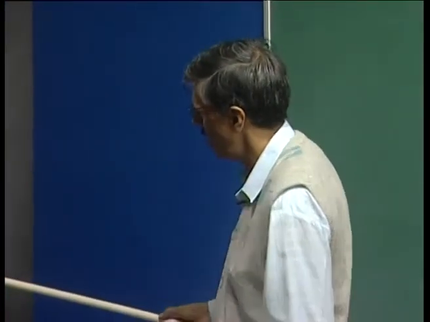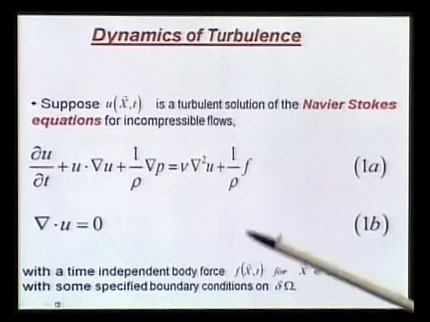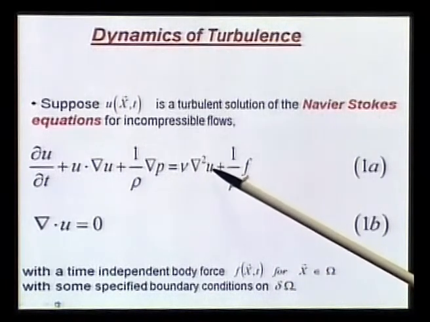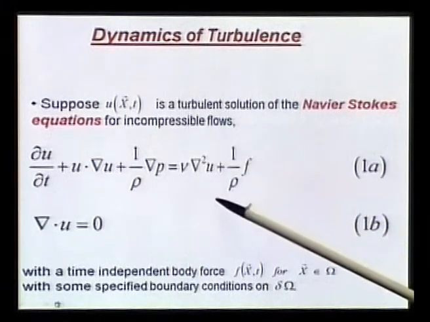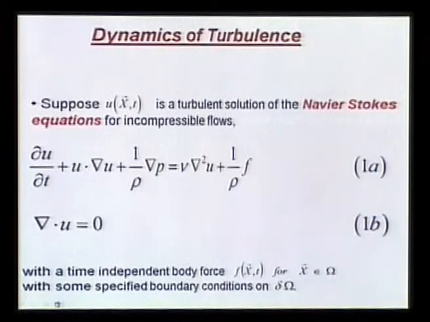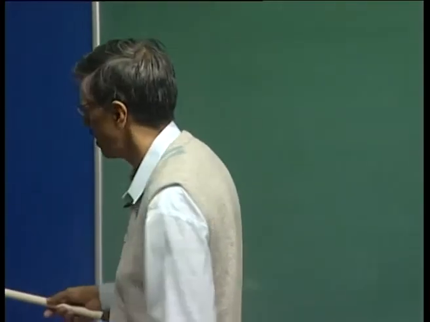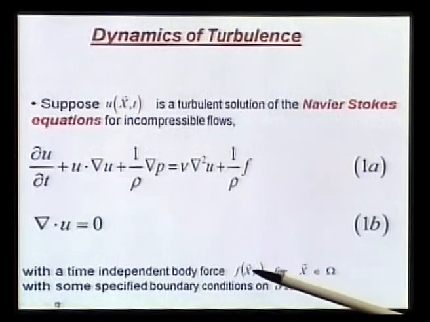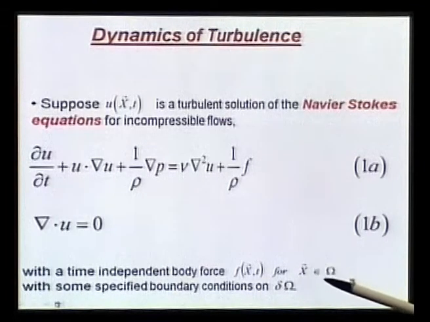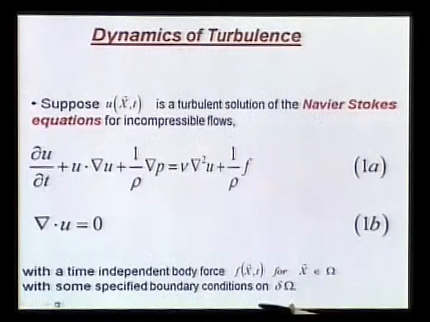What we have done here in writing the momentum conservation equation, we have added this time dependent body force term, which is given as a function of position x and time t for all the points in the domain omega, and the boundary condition is given by boundary is located at del of omega.